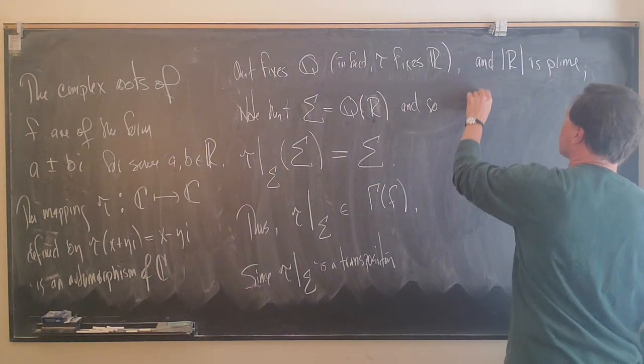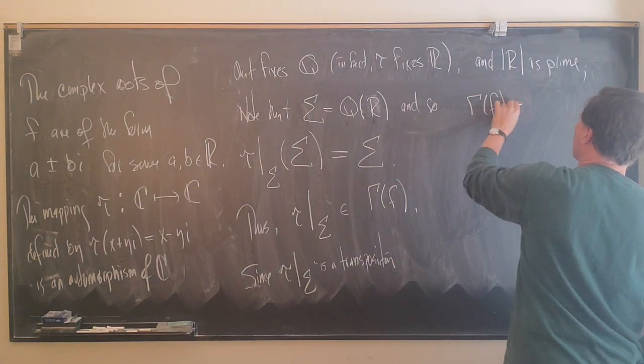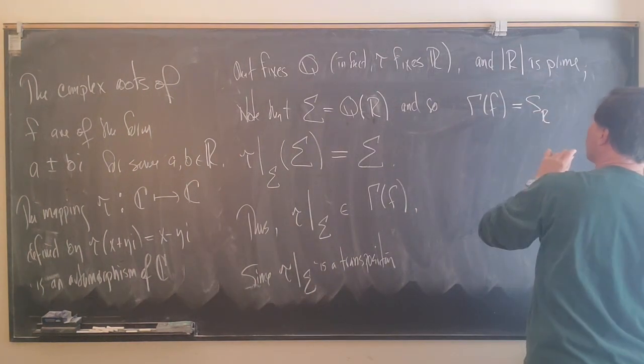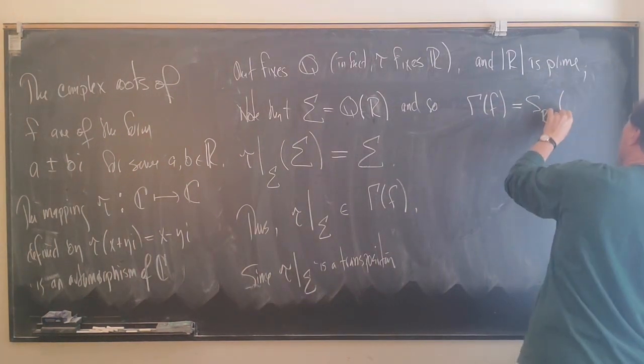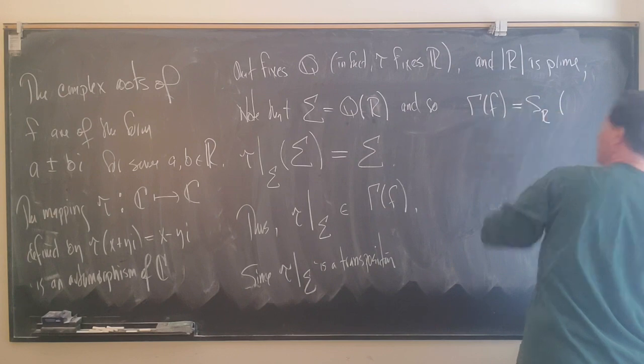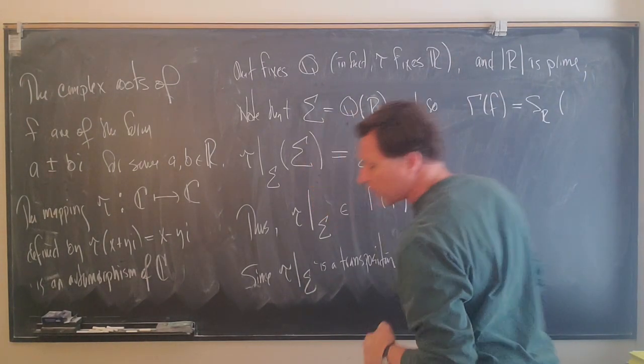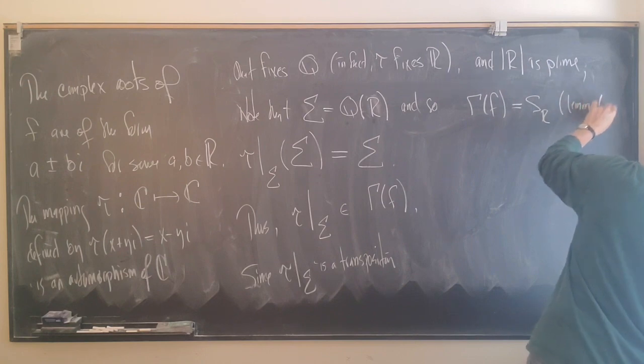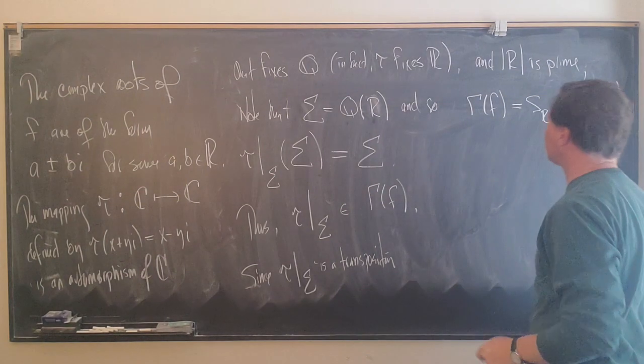Gamma of f is equal to S sub R. That's our previous lemma, Lemma 6.9.